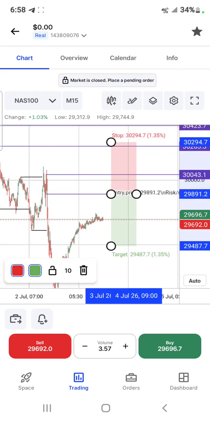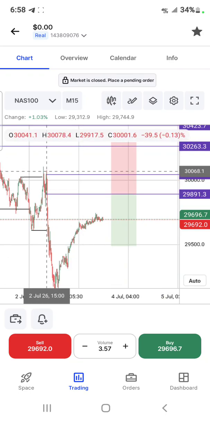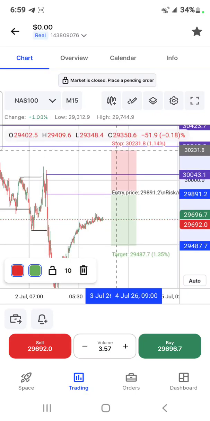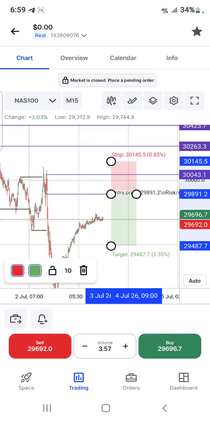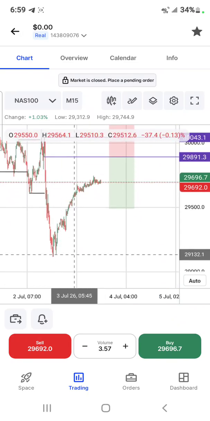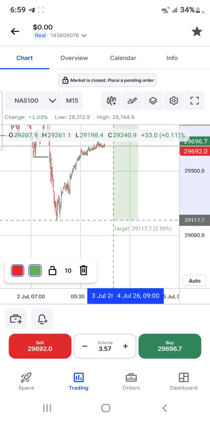Then our stop loss should be above this particular wick that is here. Our stop loss should be above it, which should look like this. Then our profit target should be at this low. Like this.